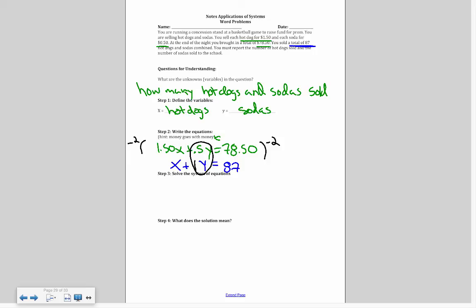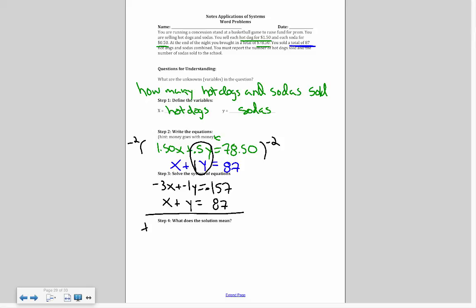So when I multiply that, I get negative 3x plus negative 1y equals negative 157. I didn't change anything to the second equation. Now what I can do is I can add these two equations together.